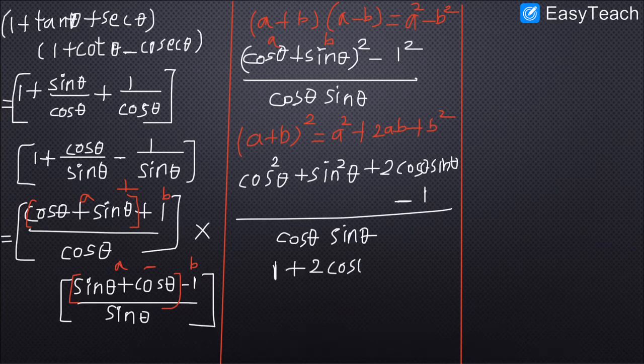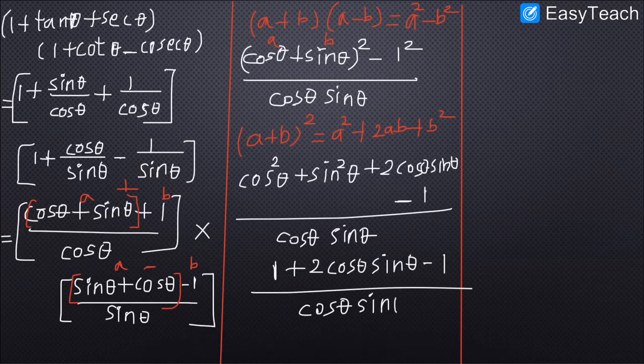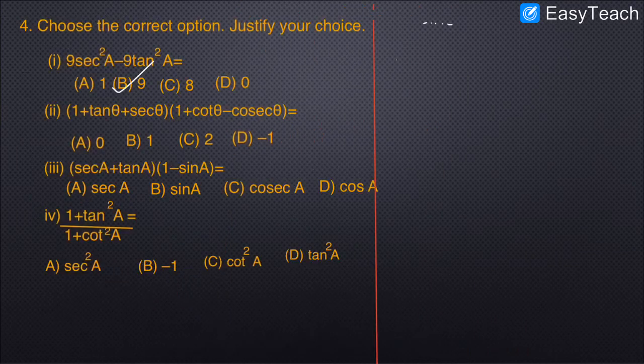Now I write cos square theta plus sin square theta as 1. So 2 cos theta sin theta minus 1 whole divide by cos theta sin theta. Let's cancel out, minus 1 plus 1. Also cos theta sin theta, cos theta sin theta. So the answer is 2.